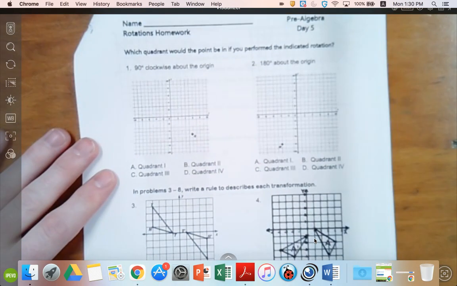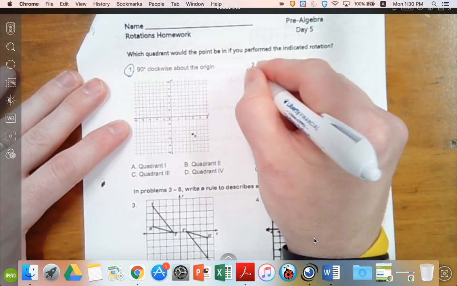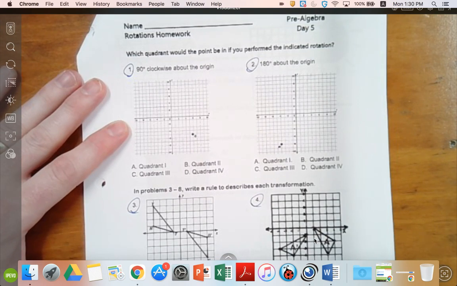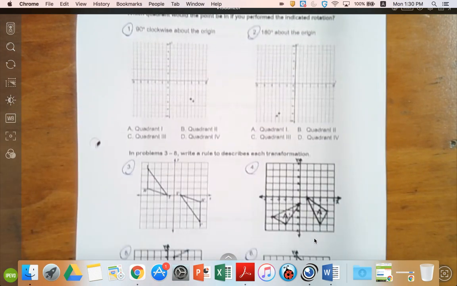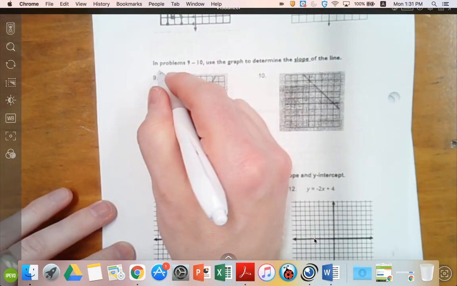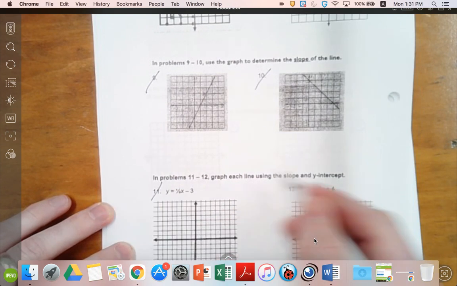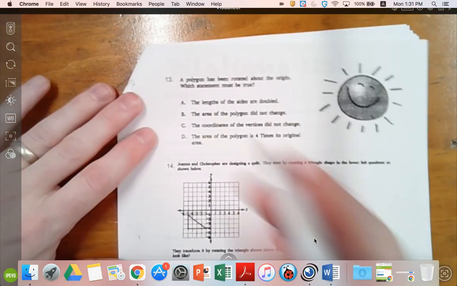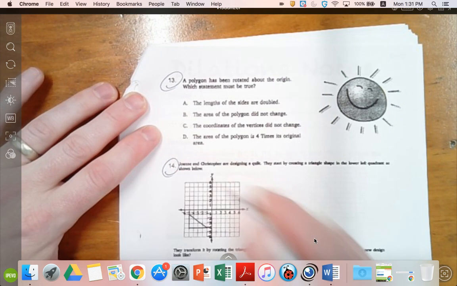Okay? So your homework, what I would need for you to do here would be number 1, 2, 3, 4, 5, 6, 7, 8. You can skip 9, skip 10, skip 11, skip 12, 13, and 14.